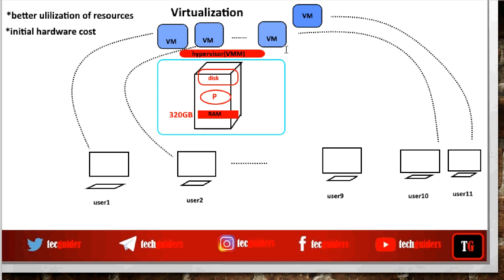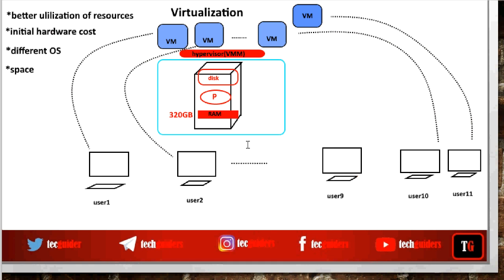Also, in each virtual machine, we can run any operating system. It means that by virtualization, we can run multiple operating systems on a single server or a single machine. So we can have both Linux and Windows on the same machine.